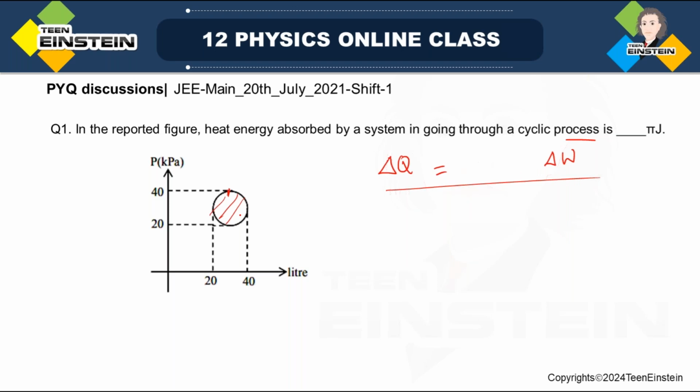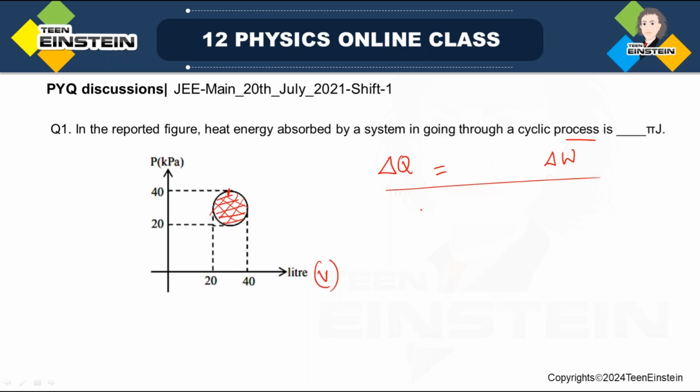And as you know, the work done is calculated from the area under the PV curve. So this is volume in liter, and this is pressure in kilopascal. So ultimately you have to find out delta Q, which will be equal to the area of this circle.